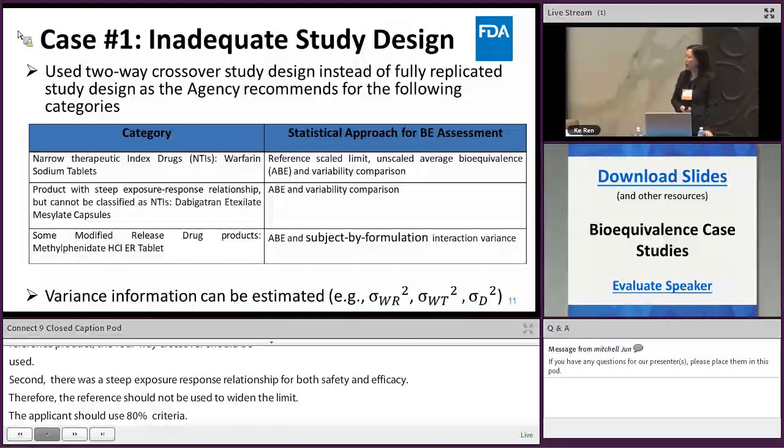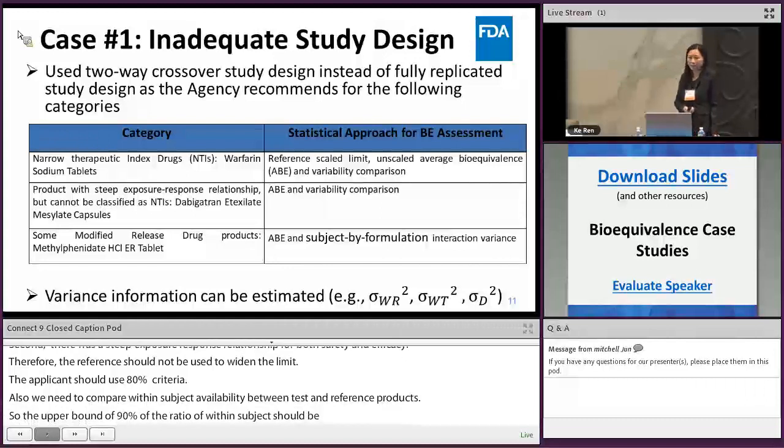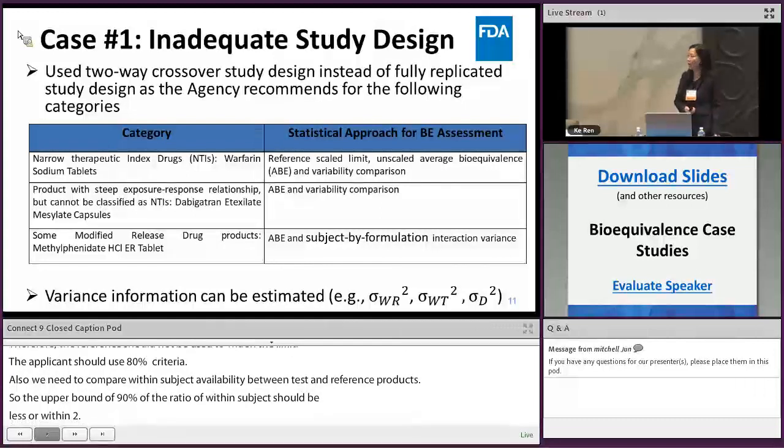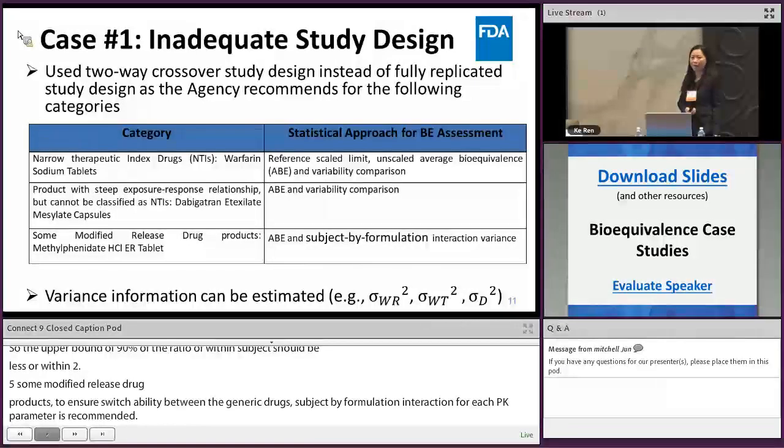So the upper bound of the 90% confidence interval of the ratio of the within-subject variability should be within 2.5. 3, for some modified release drug products like methylphenidate ER tablets, to ensure switchability between the brand and the generic drugs, subject-by-formulation interaction for each PK parameter is recommended in addition to the establishment of average BE.